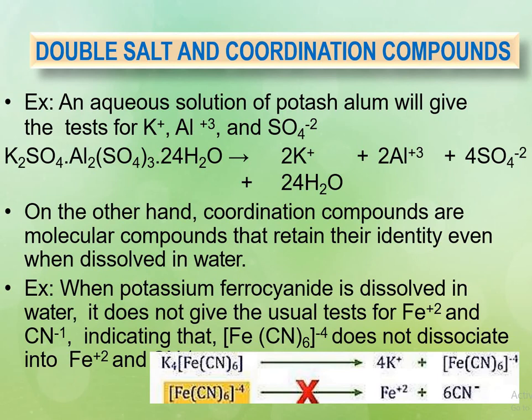The square bracket complex never dissociates into its ions. For example, when potassium ferrocyanide is dissolved in water, it does not give the usual tests for Fe2+ and cyanide, indicating that [Fe(CN)6]4- does not dissociate into Fe2+ and cyanide ions.